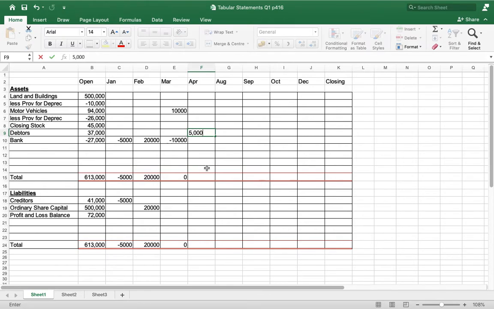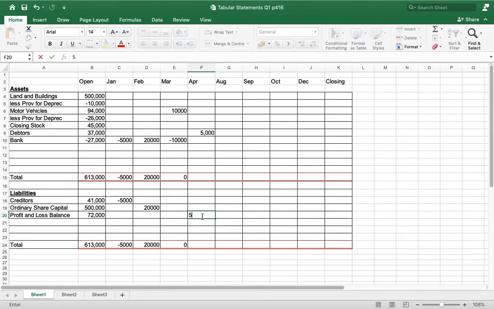And the corresponding entry, when you're doing your double entry, if I sell goods, you have a debit in debtors and you have a credit in sales. So sales is not an asset or a liability. Sales is an income, which means I have more income, so my profit and loss balance is going to go up by 5 grand.